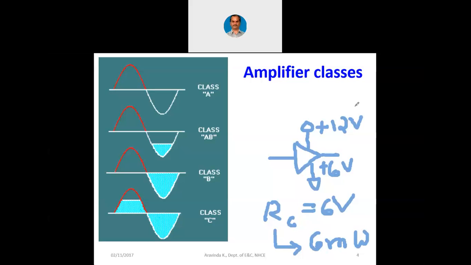Now, think about a power amplifier. Let me remove this. Think about a power amplifier where, for the same amplifier, let us say the current is ICQ equals 1 ampere. Instead of 1 milliampere, let us say it is 1 ampere.